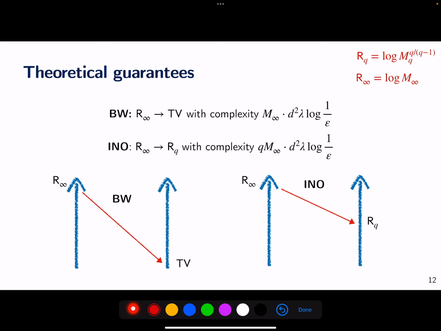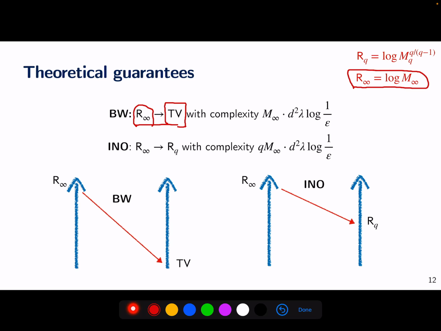And then here is some comparison between Ball Walk and In-and-Out. Let me explain this notation first. This notation means that in order to get Ball Walk's guarantee, your initial warmness is given in terms of Rényi-infinity, and because Rényi-infinity is equal to log of M infinity, I'm just focused on Rényi-infinity instead of M infinity here, and the final guarantee is given in terms of TV.